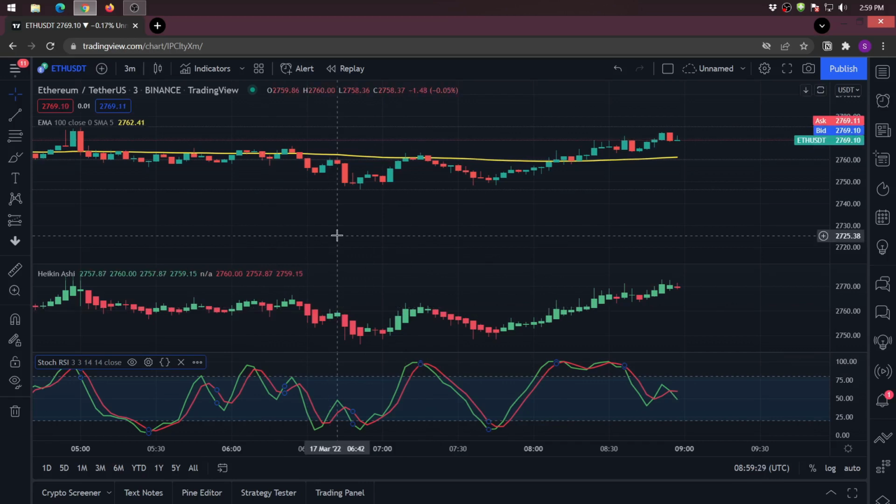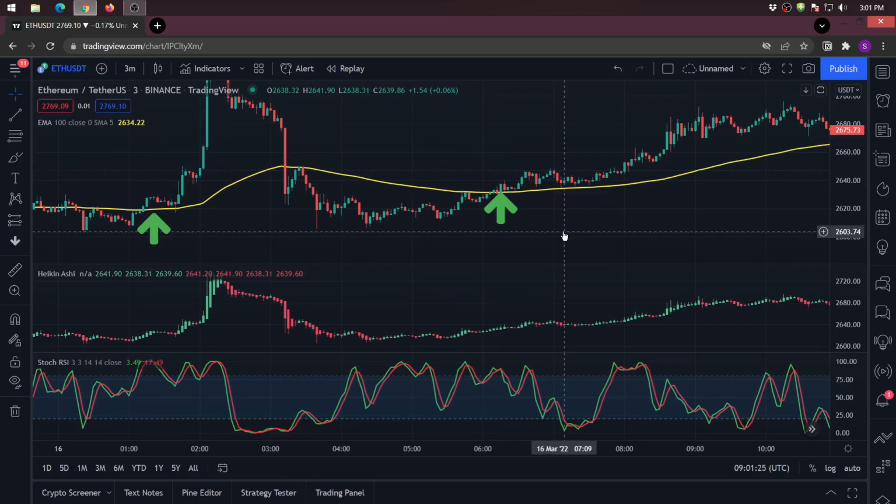So let's first introduce the 3 confirmations. The first confirmation we receive from EMA, the second from Heikin Ashi, and the third from stochastic. First, the EMA confirmation.